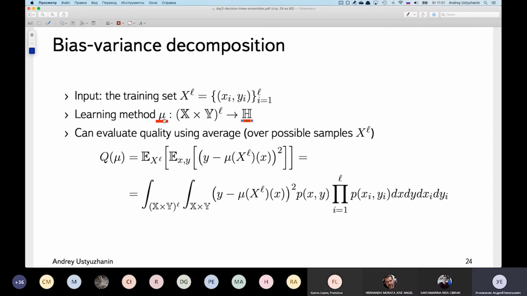So mu here is the class of algorithms: decision tree, random forest, linear regression, logistic regression, whatever. And so we can evaluate quality using an average over possible samples in our training set.